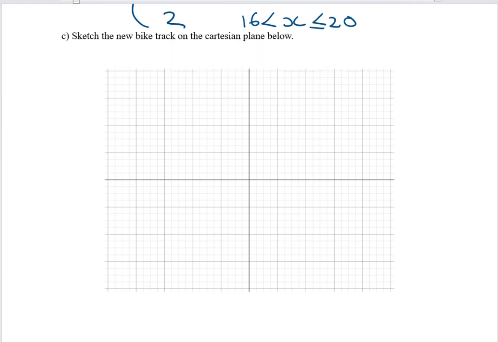From this, we are going to put everything onto our Cartesian plane. Be mindful, make sure you are labeling everything. A lot of people are not labeling everything properly, which makes it a lot harder. So I'm just going to label everything as 5, 10, 15, and 20.